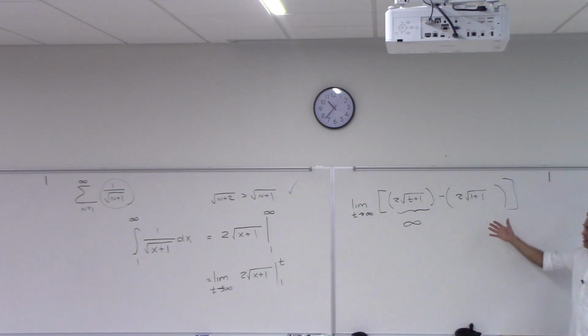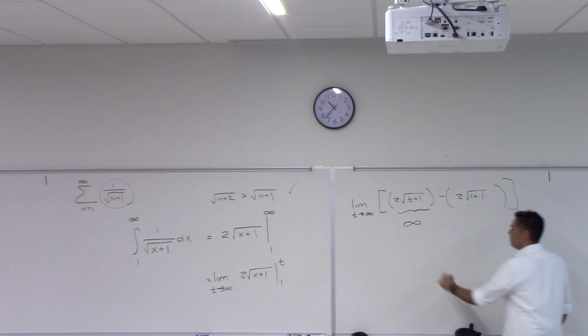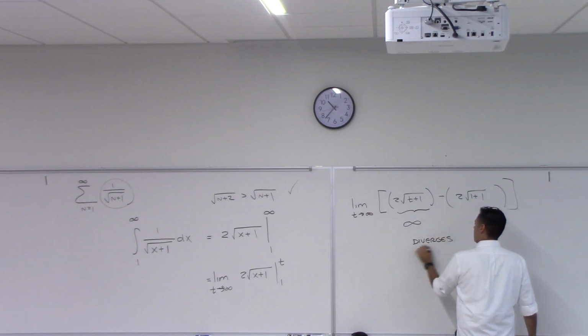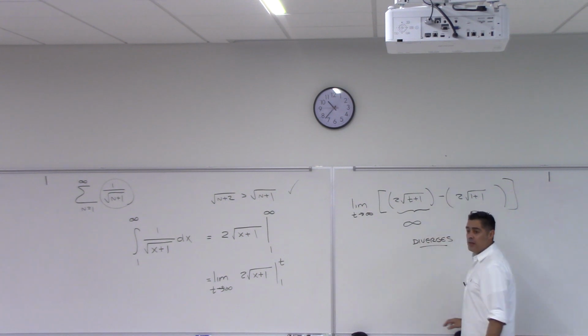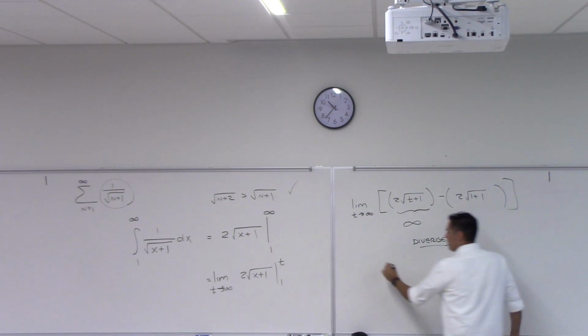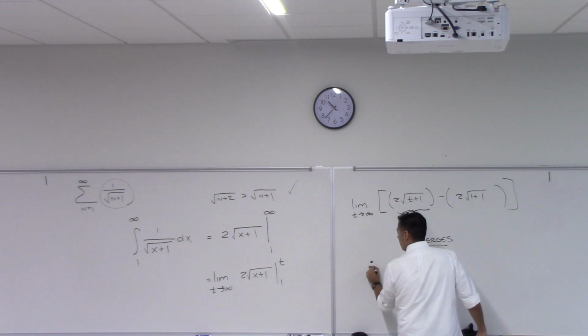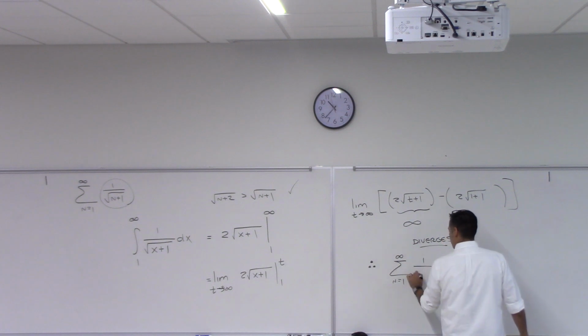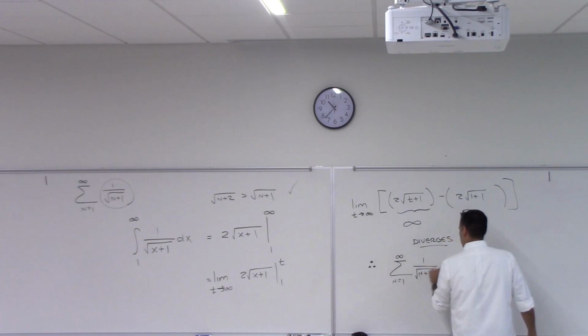And that means this integral diverges. And whatever the integral does, the series does. Therefore, I need to draw a conclusion. Therefore, the original series diverges.